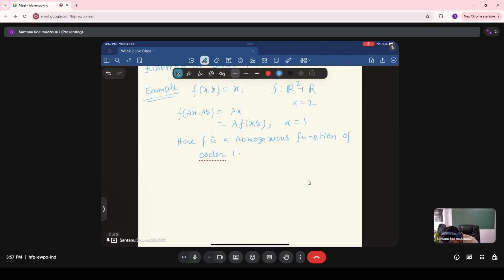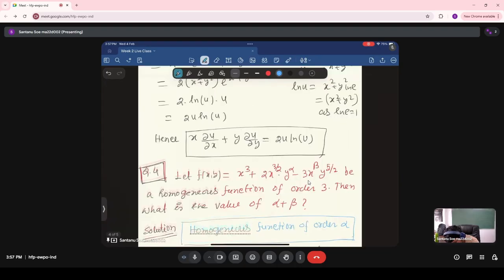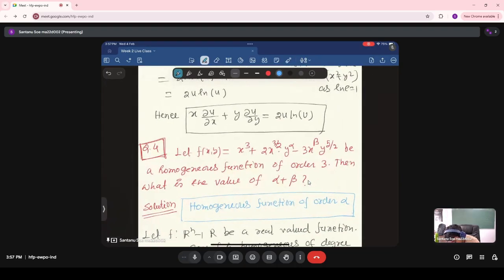So now come to the question. In the question, they have given that f is a homogeneous function of order 3.